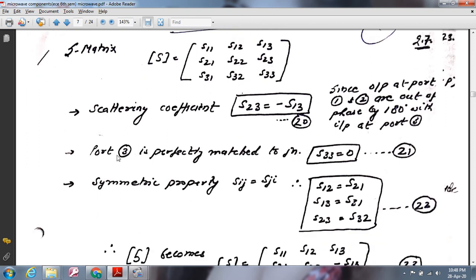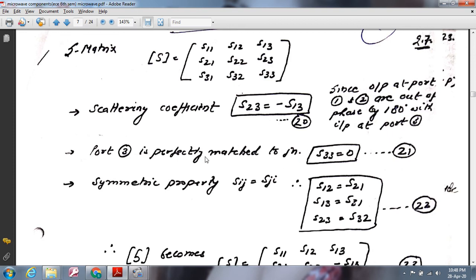Now port 3 is a perfectly matched port. As we have considered in case of H-plane T, the H port was perfectly matched, here we are assuming our E port is a perfectly matched junction. That is why here also we are assuming S33 will be 0, and this can be termed as equation number 21.